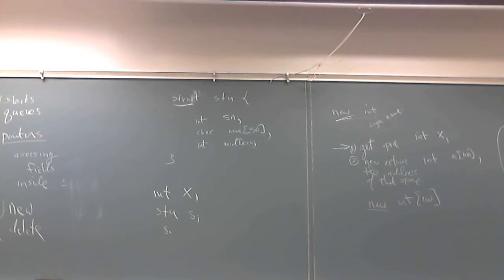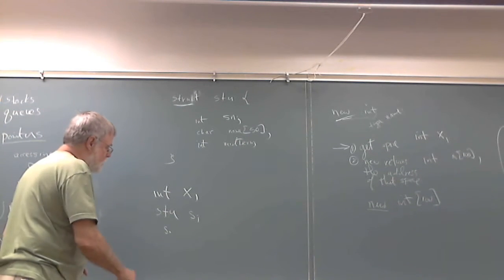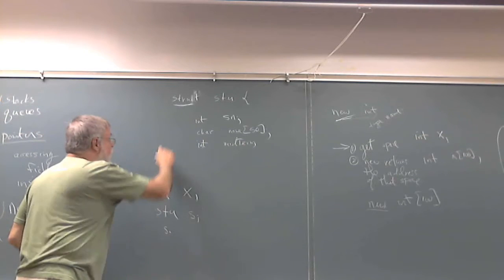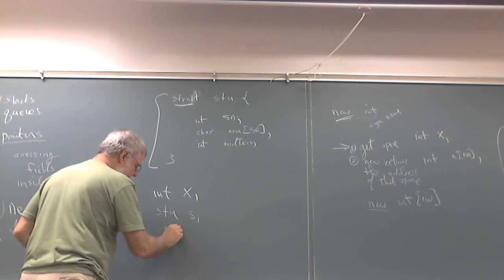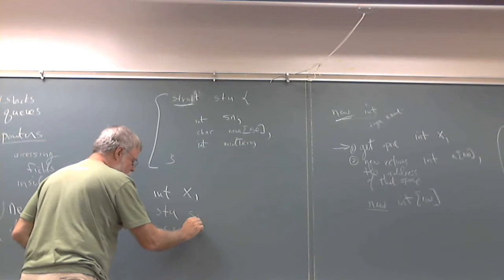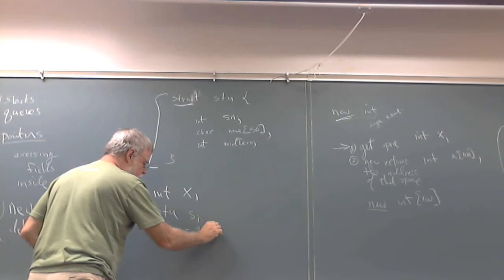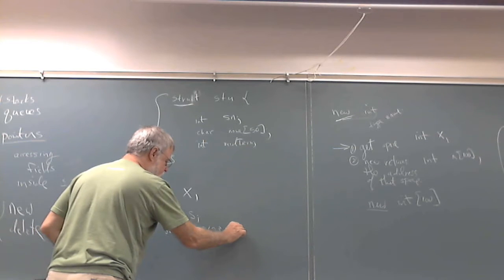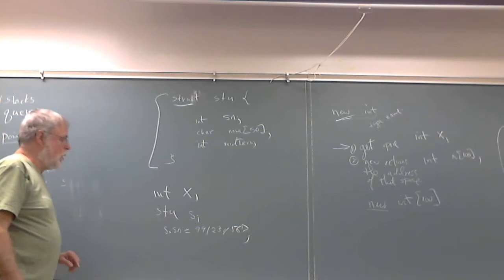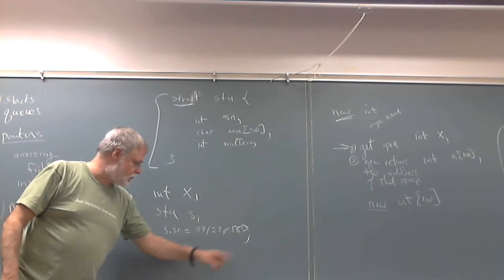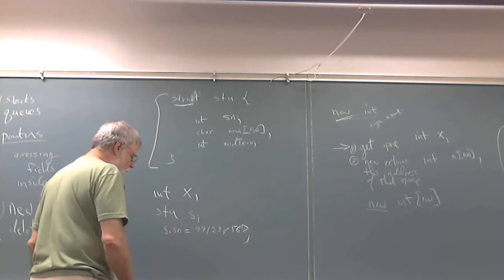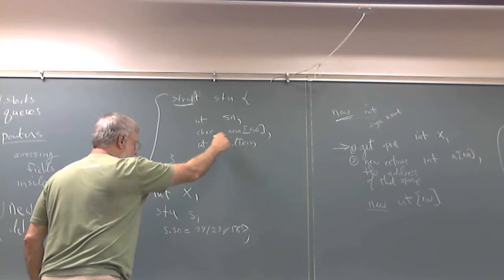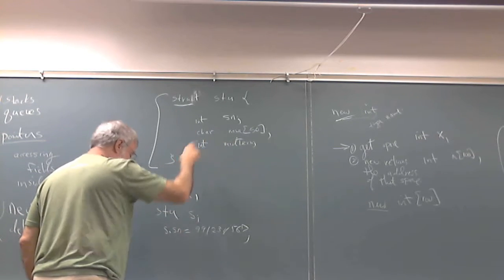But okay. So if I've got this declared, then I can say s dot student number equals, I don't know, 991, 2, 3, 4, 5, 6, 7. So now this student has this for the student number.